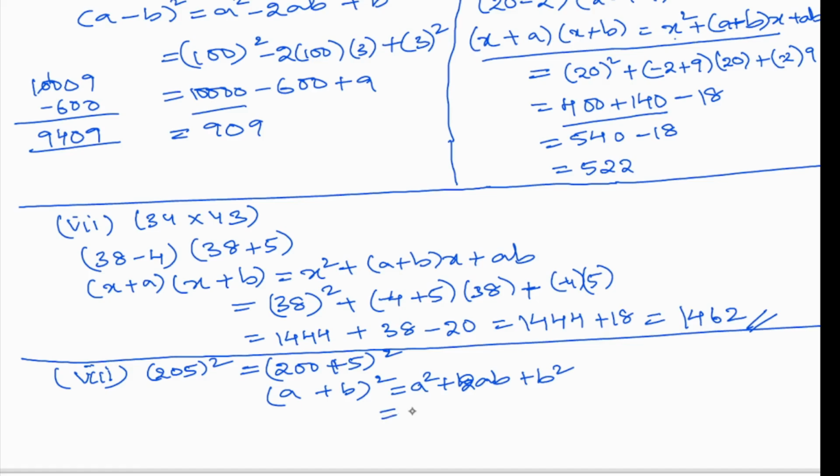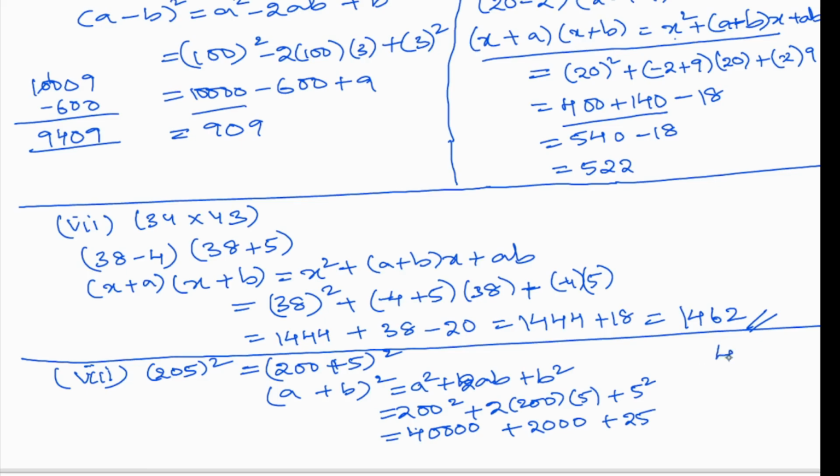So a is 200 and b is 5: 200 square plus 2 into 200 into 5 plus 5 square. 200 square is 40,000, plus 2 fives are 10, 10 twos are 20, so it will be 2000, plus 5 square is 25.